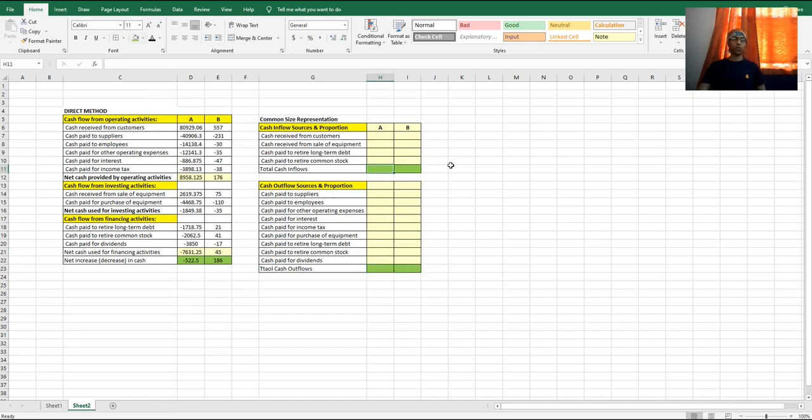First, let us find out the total inflows for A. For A, the total inflows are 80929, 2619, and from cash paid to retire long-term debt and common stock, it's negative, so this will be 0, 0. So this is equal to cash received from customers and cash received from sale of equipment. The rest is 0, 0.